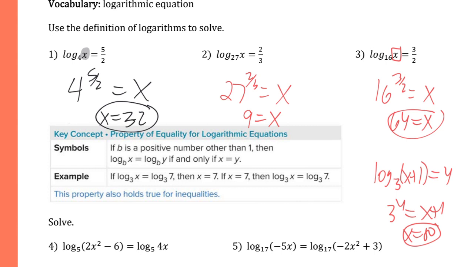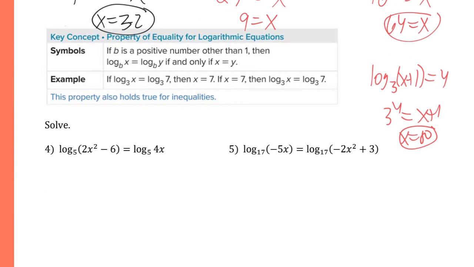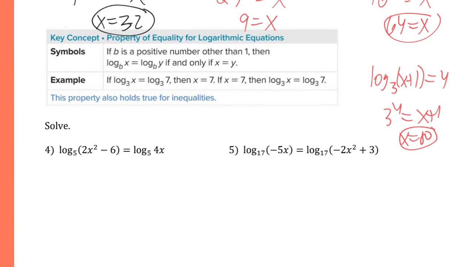So the next thing I want to show you guys is called the property of equality. Okay, and what they're reiterating in this box is we want the base to be not 1 and we want it not to be negative. But this is the deal.